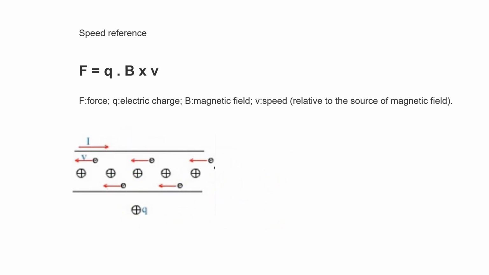If the source of the magnetic field is a long wire with constant electric current, then V is measured relative to the wire. Note that inside the wire there are electrons which are moving relative to the metal atoms in the wire. The equation above shows that if an electrically charged particle is stationary to the wire, it will not get magnetic force, no matter how fast the speed of the electrons inside the wire.